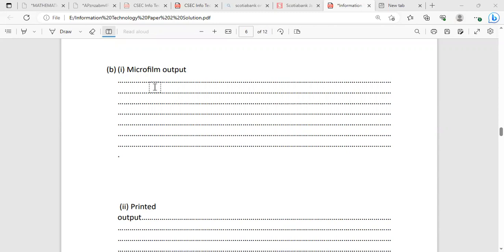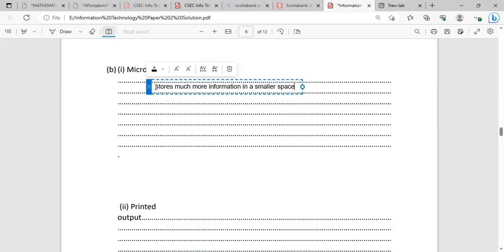First we're going to list the advantage, and one advantage of the microfilm is that the microfilm output can store much more information in a smaller space than the printed output. So that's the advantage.